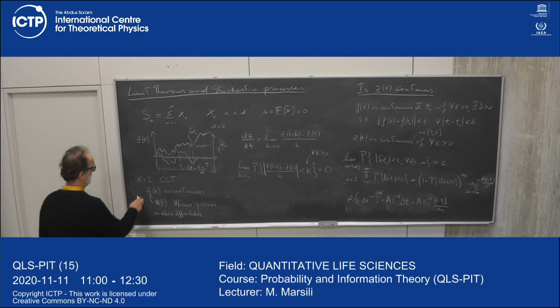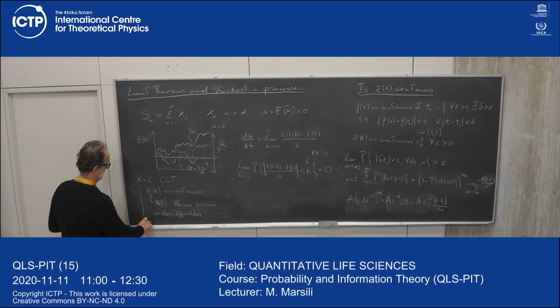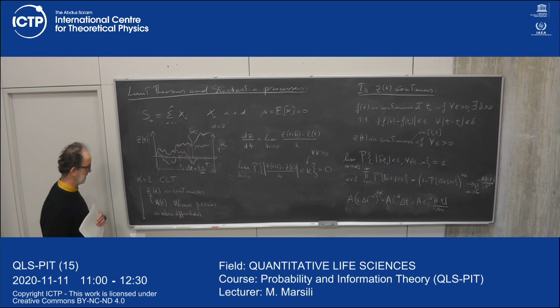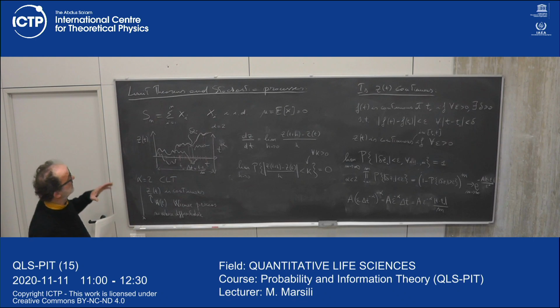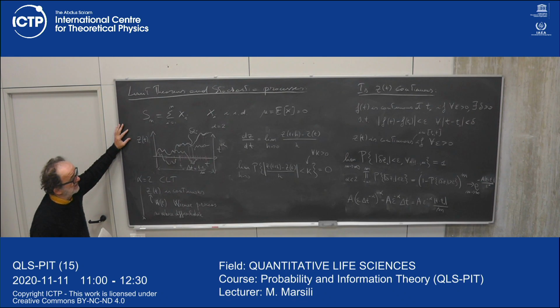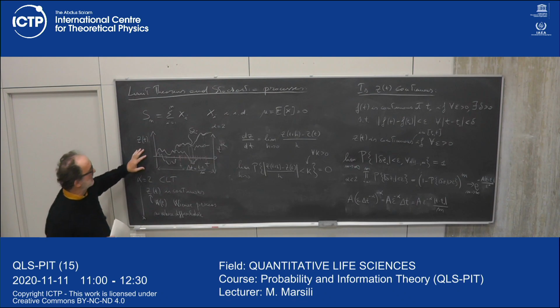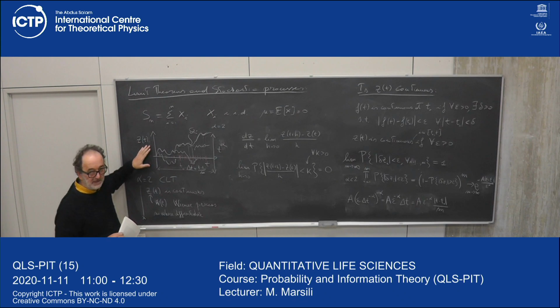So to summarize what we have said in this lecture: the existence of limit theorems for sums of independent and identically distributed random variables allows you to define continuous stochastic functions which have very specific properties.